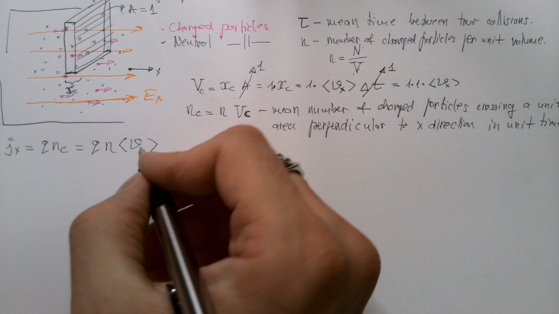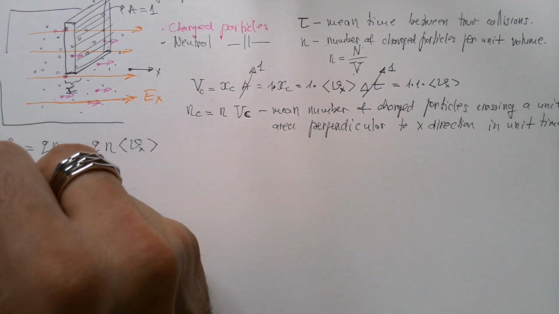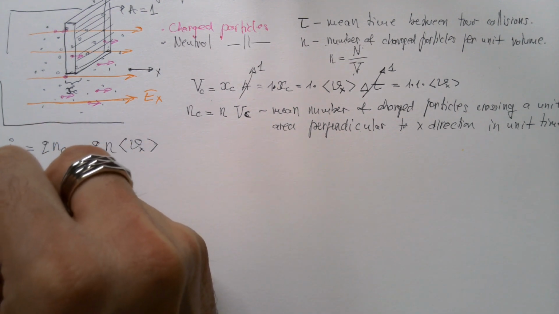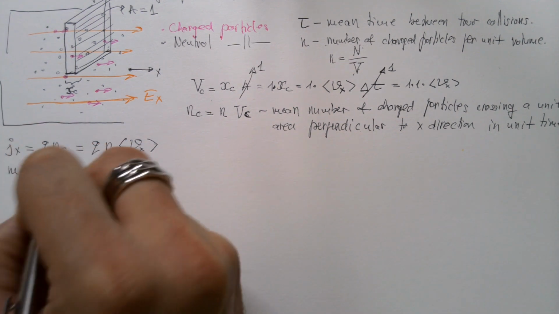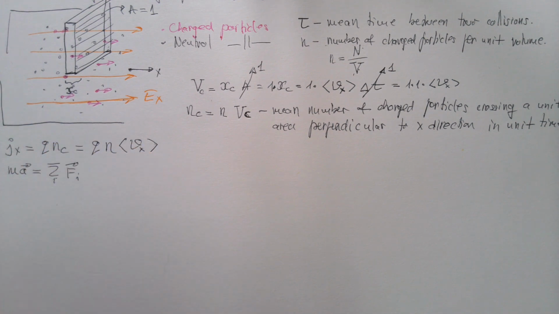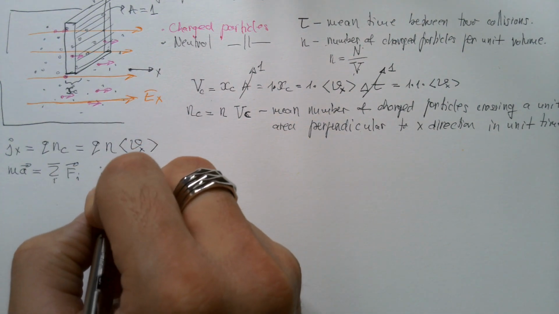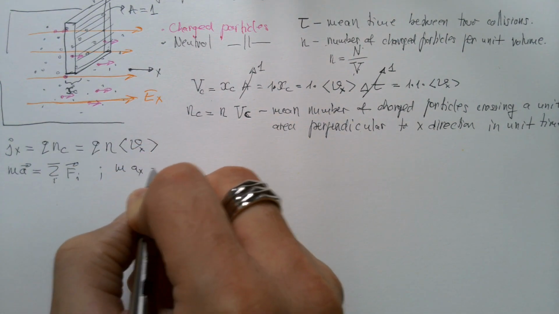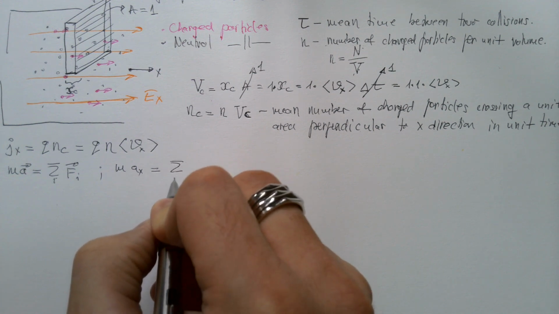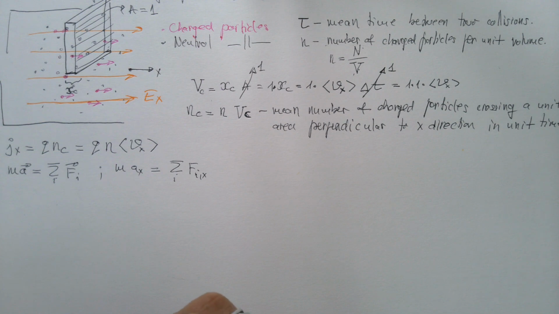We shall find Vx using the greatest law ever discovered, and that's Newton's second law. Newton's second law says that mass times acceleration is the sum of all forces. I will apply this law in the x direction, so I will get that mass times acceleration in the x direction is the sum of all forces in the x direction.